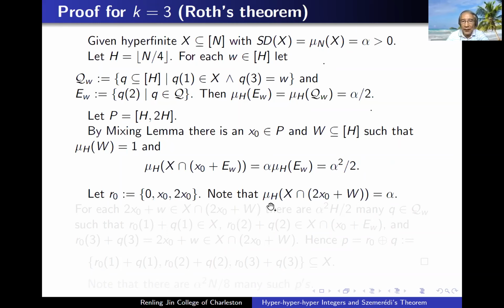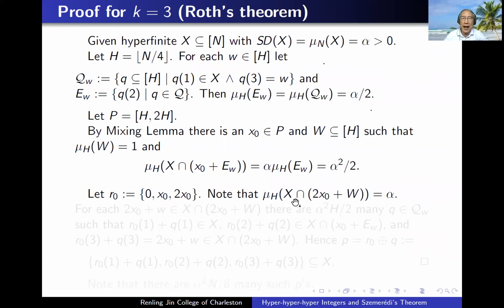So then we lift the W. We have lots of elements for the 3-term AP, lift to the 2x level, then the intersection must be alpha.